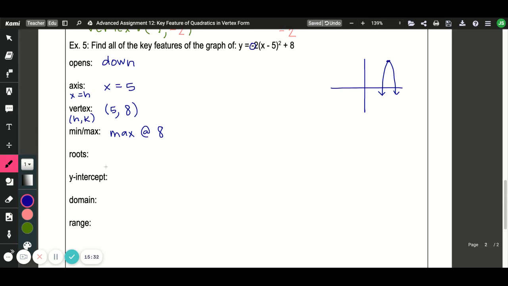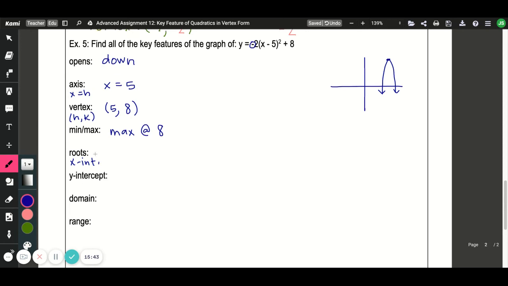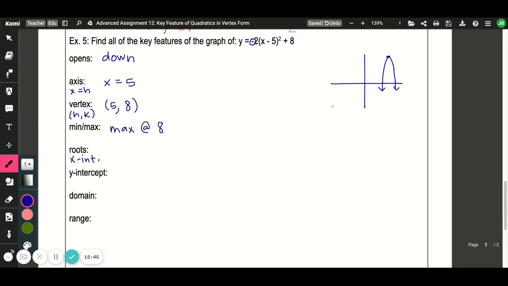Okay, so the roots and the y-intercept, this is where our work comes in. Remember that roots are like your x-intercept. To find the x-intercept, we set it equal to 0. We put 0 in for y.